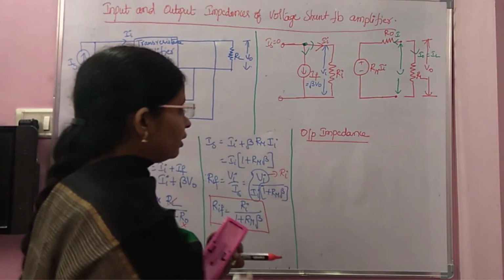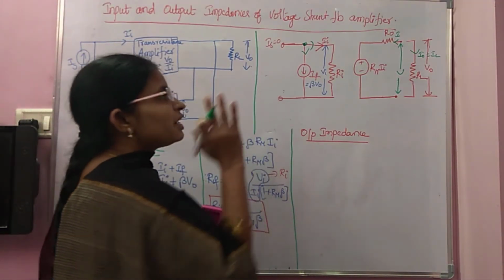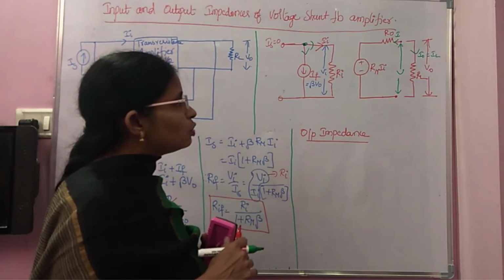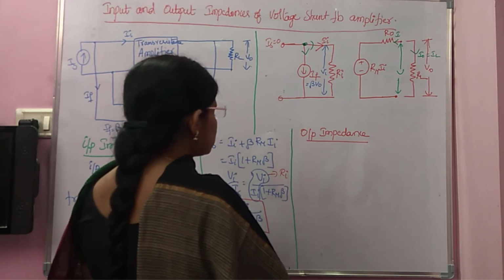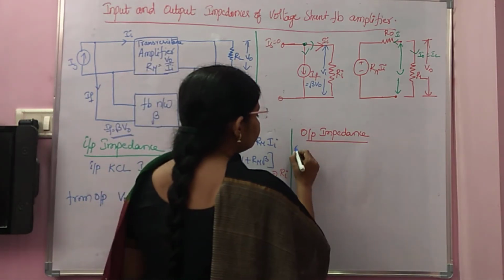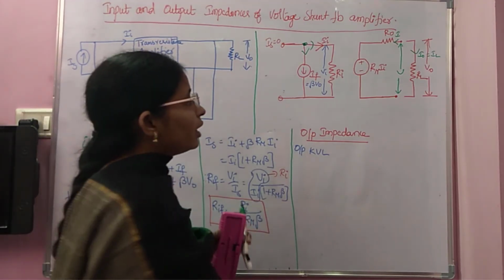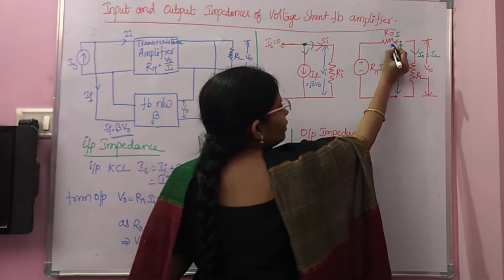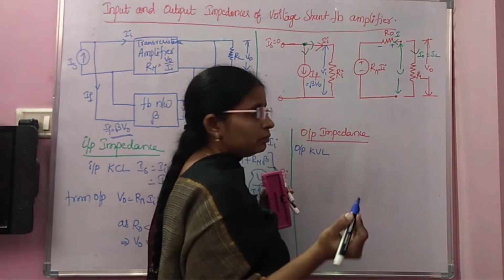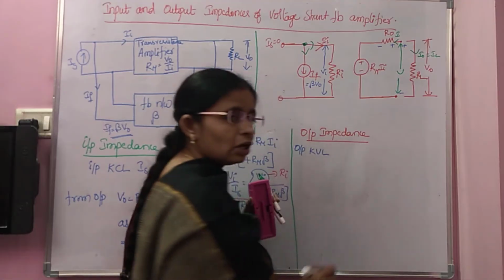Then you must write the output equation first, as you are finding output impedance. First write the output KVL. As I is coming like this, you take the terminals like this, and the terminals of V are like this.